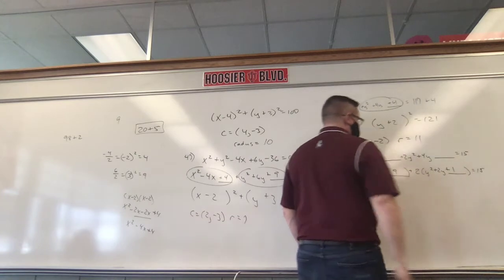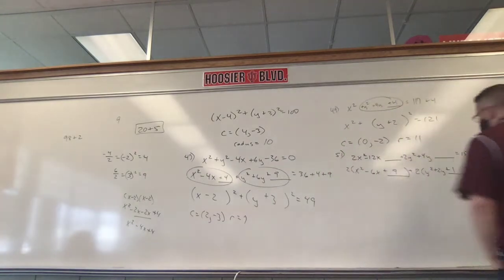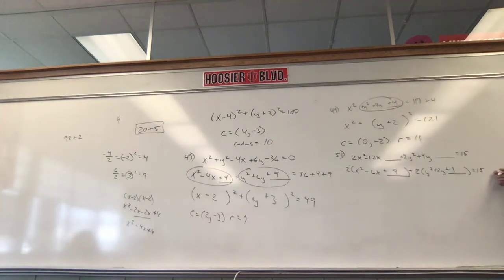Here's where it's tricky. I've got to put something over here. What do you think you're going to put over here? Plus 9 and 1. Not 9 and 1. I know it looks like you added 9, but you did not add 9. You need to put plus 18 plus 2.